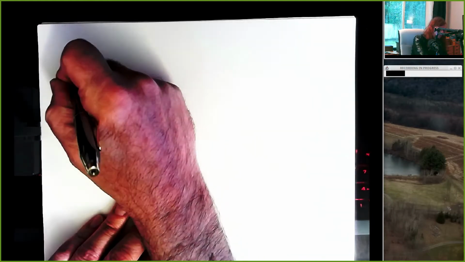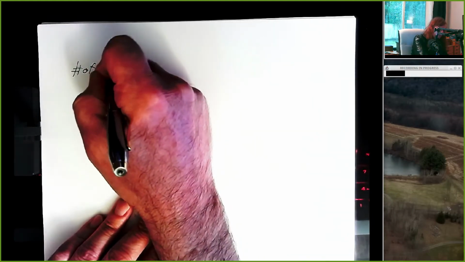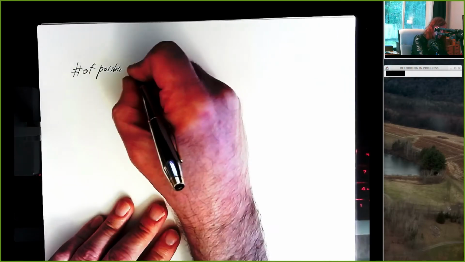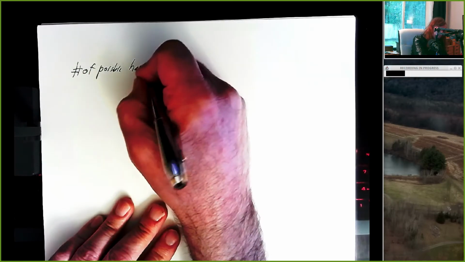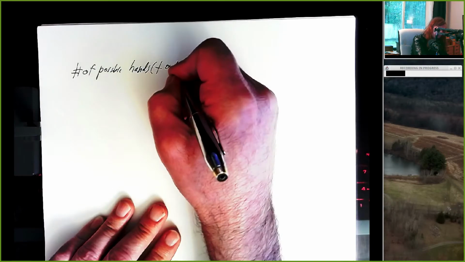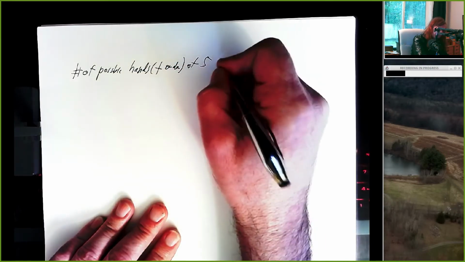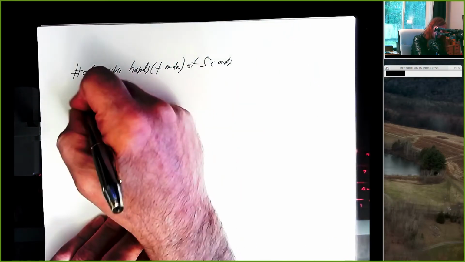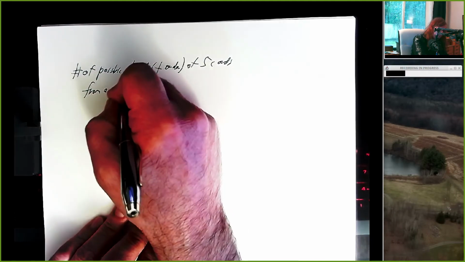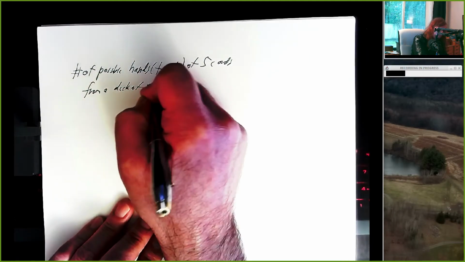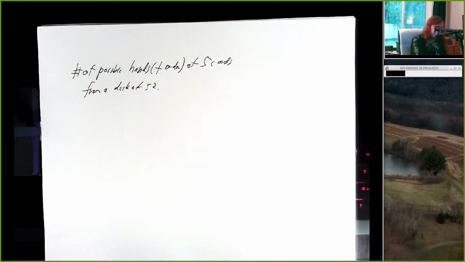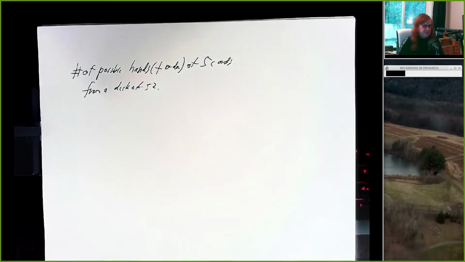So for example, the number of possible hands, including order, of 5 cards from a deck of 52. If you play poker, it doesn't matter what order you get your cards in, but suppose that the order of the cards is significant.